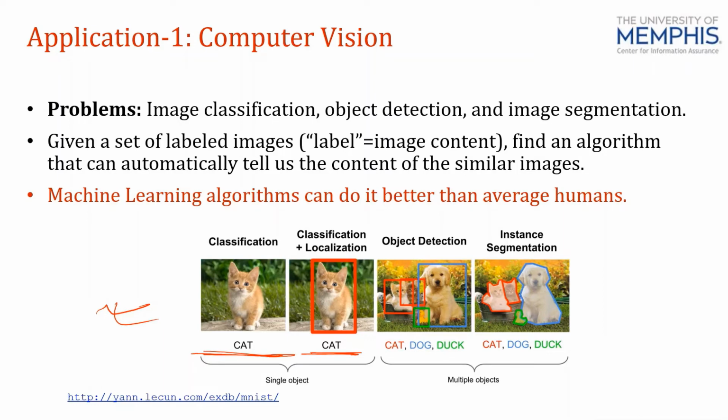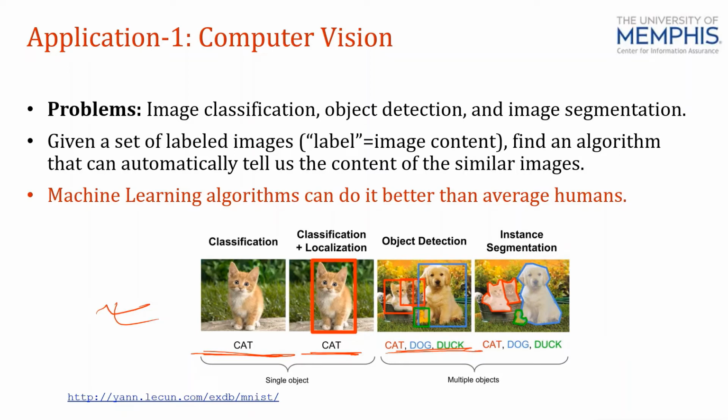Now the next one is object detection. Object detection applies when there are multiple members involved in an image and we try to identify each of the members present in the image. For example, if we see this image, it is a pretty common image. This has a couple of parties involved.